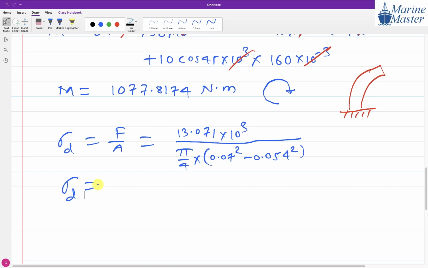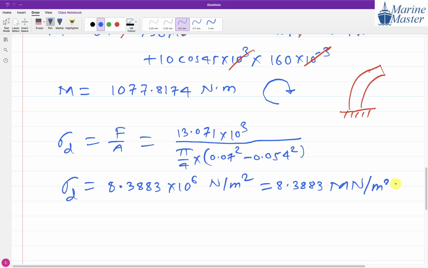Completed? Please do the calculation and tell me the value. 8.38836 into 10 to the power 6 Newton per meter square. So it will become 8.3883 mega Newton per meter square.